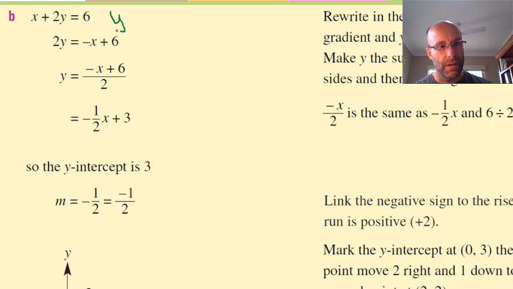A harder one now. This one requires you to rearrange first because it's not in the form y equals mx plus c. Remember, y equals mx plus c, the gradient intercept form, is how we are rolling today. This is our topic, so we're not in that form. We need the y by itself on the left and the x on the right.